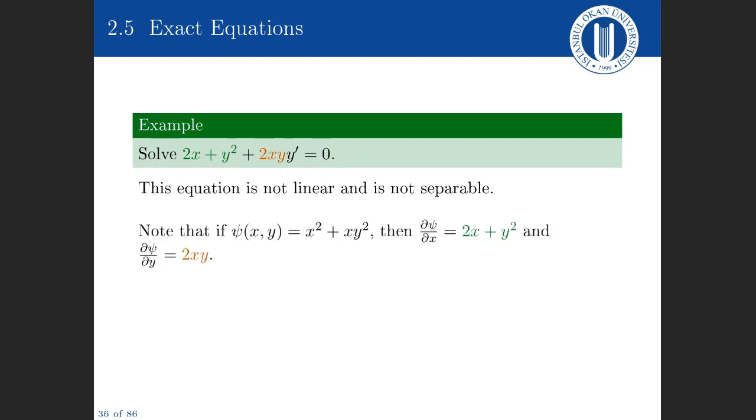We need a new technique, a new method to solve equations like this. Now note, if we know a special function called psi, the Greek letter psi, and we know that psi is x^2 + xy^2, the x partial derivative of this is 2x + y^2, and the y partial derivative is 2xy.